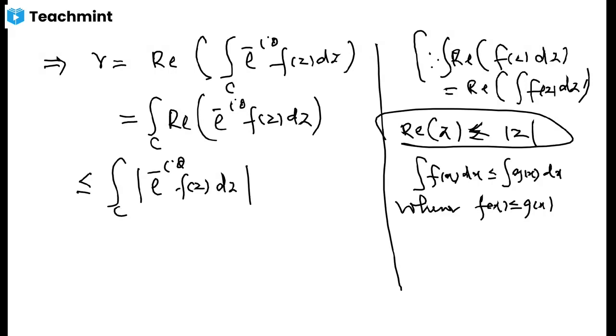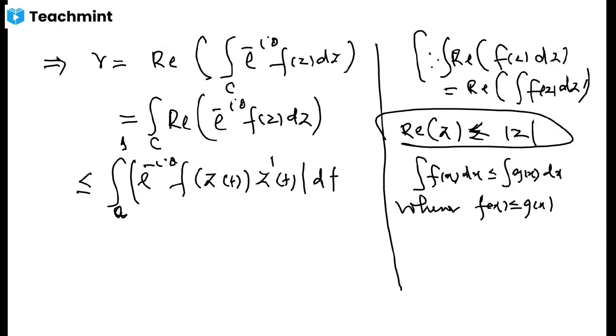So if you still feel confused with it, what you can do is write this limit a to b, and use the parameterization of C here; it becomes more clear. e to the minus i theta, I can write f of z of t into dz, which I can write as z prime of t dt.